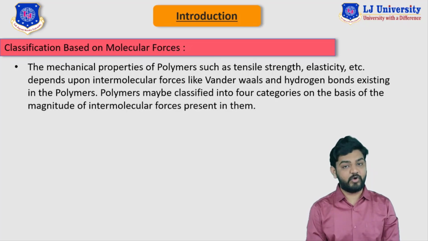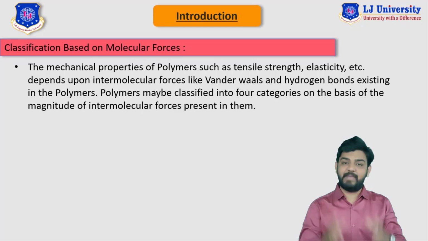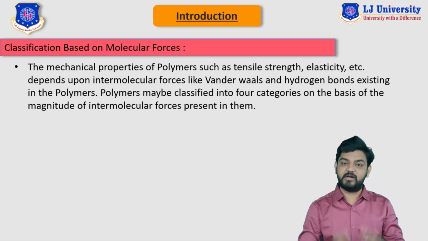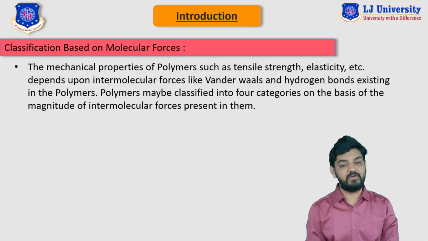So all the monomers will connect or join with these two bonds. So basically the magnitude of this force determines or classifies the polymers. There are four different categories under this tag: elastomer, fiber, then thermosetting, and lastly we will have thermoplastic polymers.